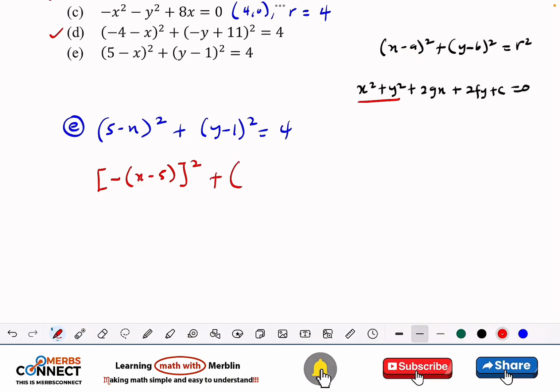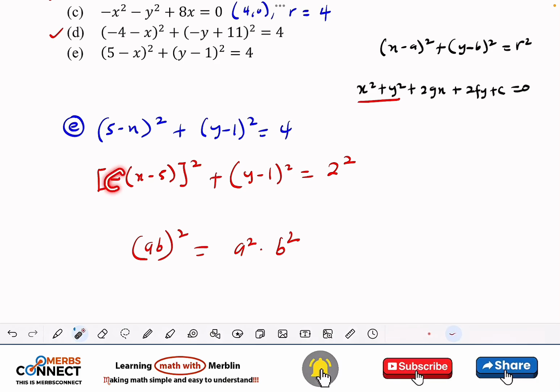Plus, fortunately this one is already in the form y minus b, which is also here. Then for this one too, since this is something squared, I can write 4 as 2 squared. Now see what I'm going to do. If I have a times b squared, this is the same as a squared times b squared.